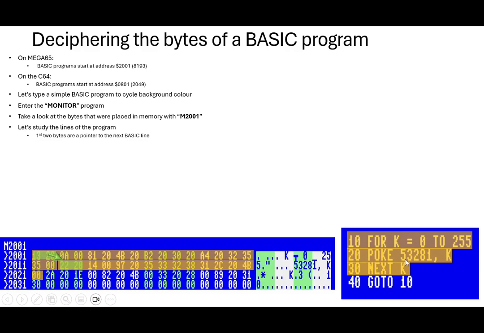That refers to the next line, 30 next k, which equates to these bytes over here. Again, these 2 bytes at the front are the linking. These next 2 bytes point to 202A, and you can assume that's over here next. We could count it: 21, 22, 23, 24, 25, 26, 27, 28, 29, 2A. Yeah, and so what have we got here? These bytes further on are the line 40, go to 10.